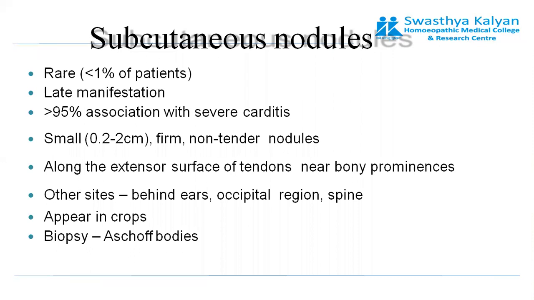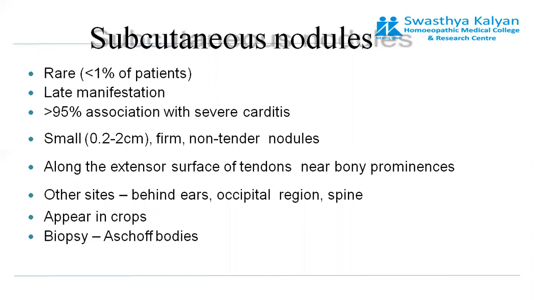Presence of subcutaneous nodules is a very rare finding and it's a very late manifestation of acute rheumatic fever, with more than 95% association with severe carditis. If subcutaneous nodules are present, then in more than 95% of cases, you will find carditis associated.